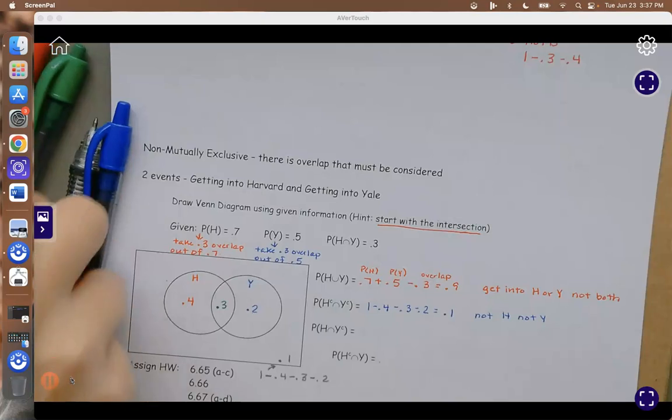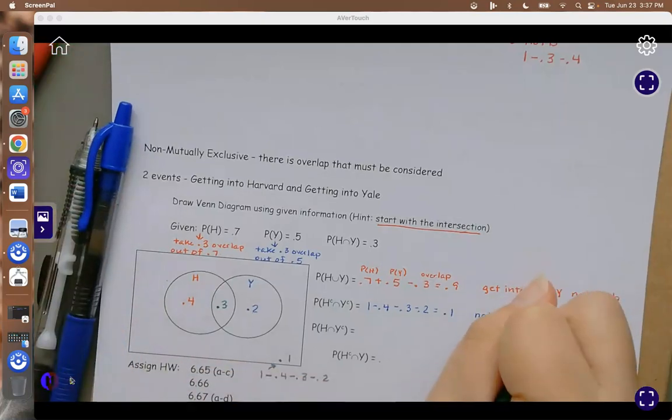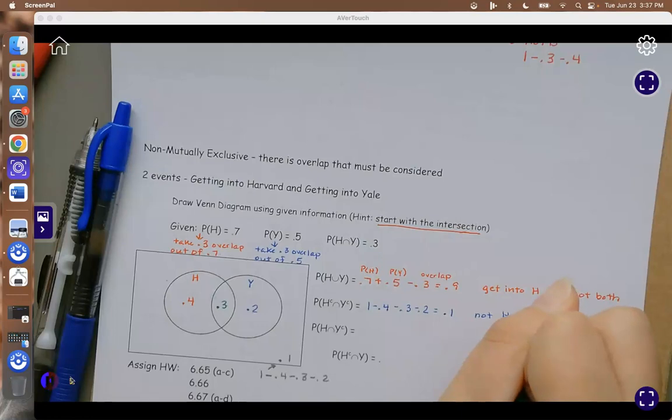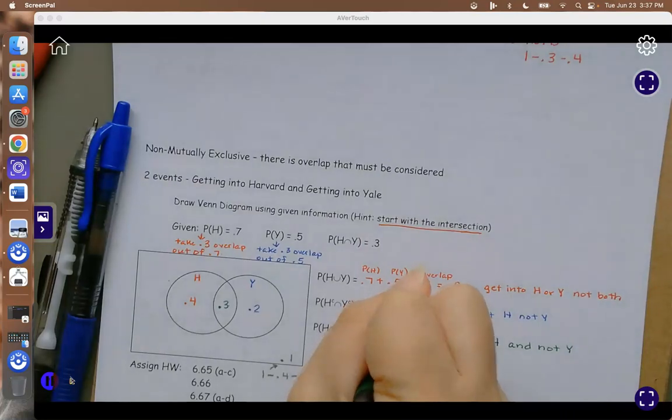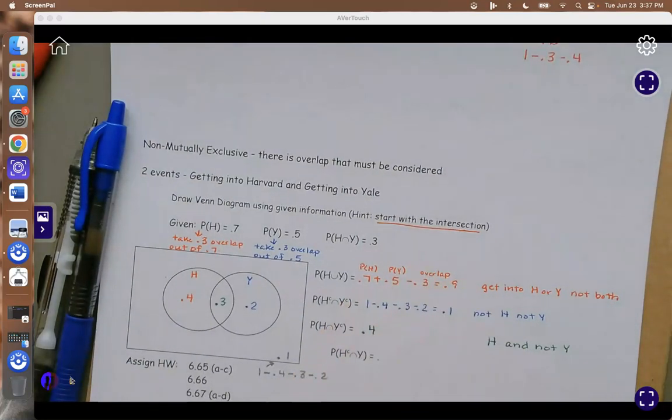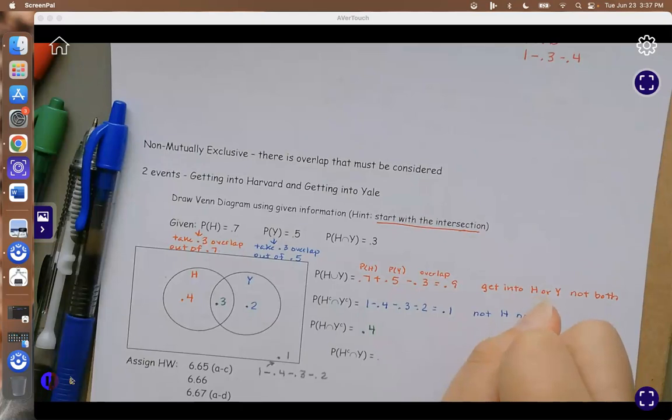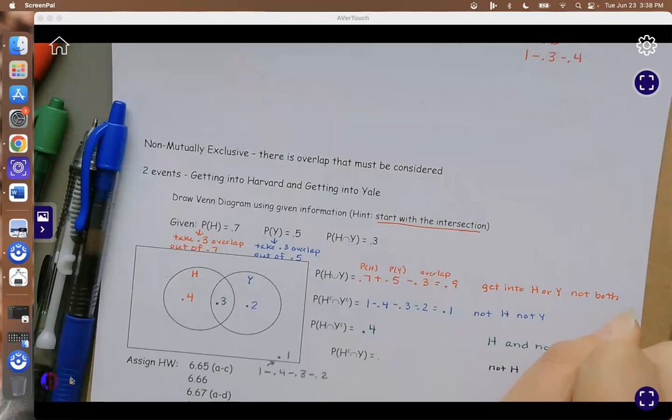The next one, so we're going to get into Harvard and not Yale. So the part of Harvard that's not connected to Yale is the 0.4. And then this last one, not Harvard, but Yale.